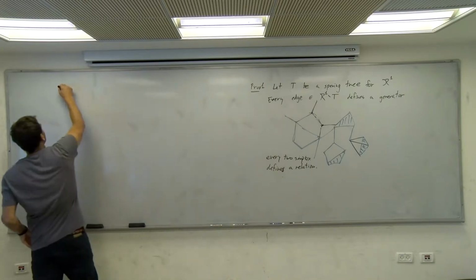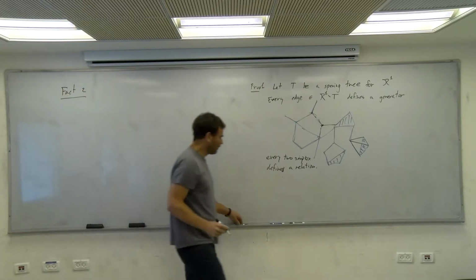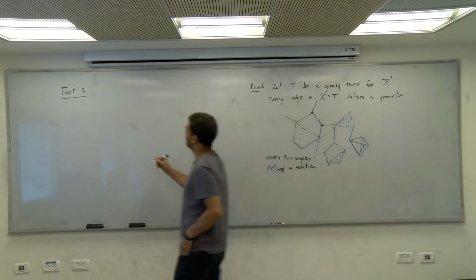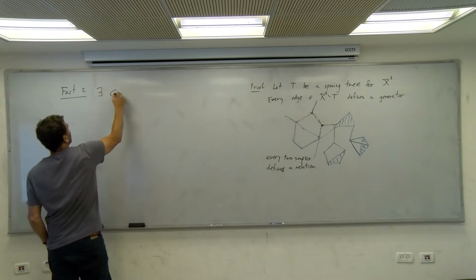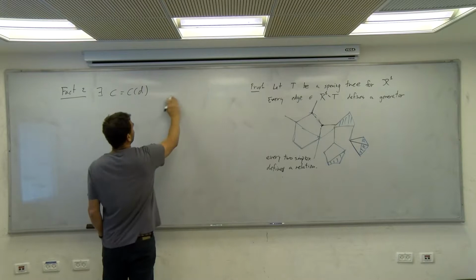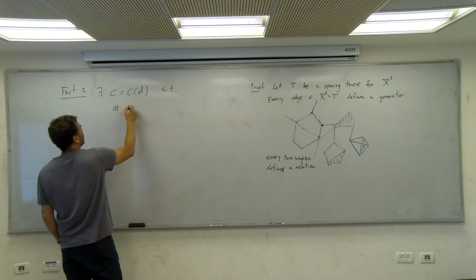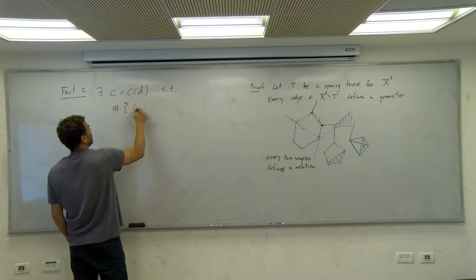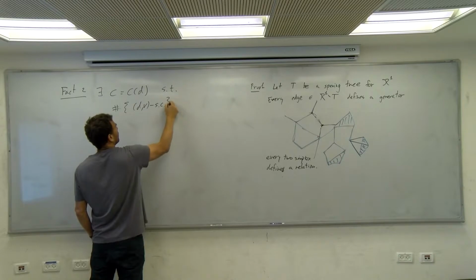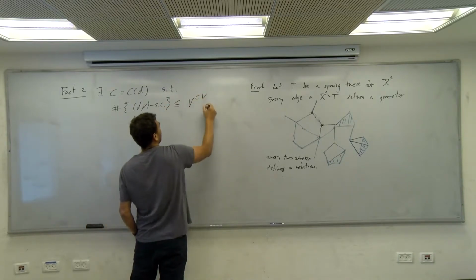So fact 2 is the following: there exists C, again depending on D, I can take the same one, such that the number of all D-dimensional simplicial complexes with V vertices is bounded by V to the C.